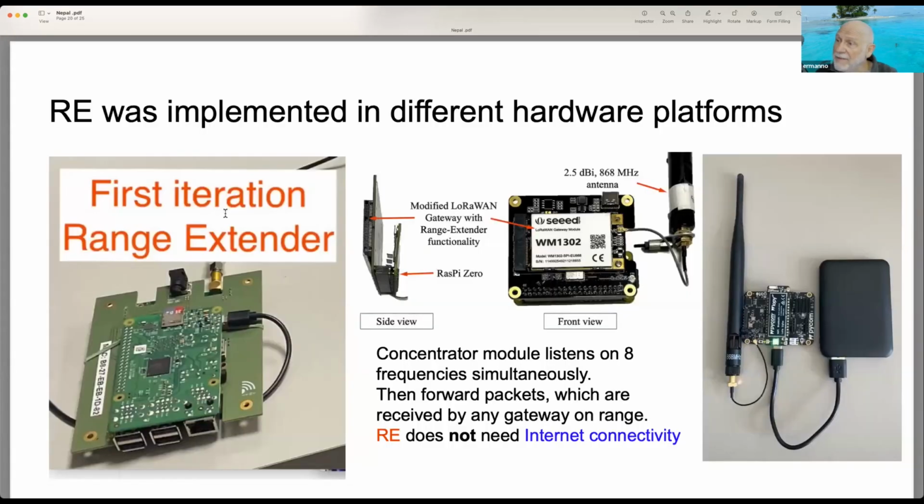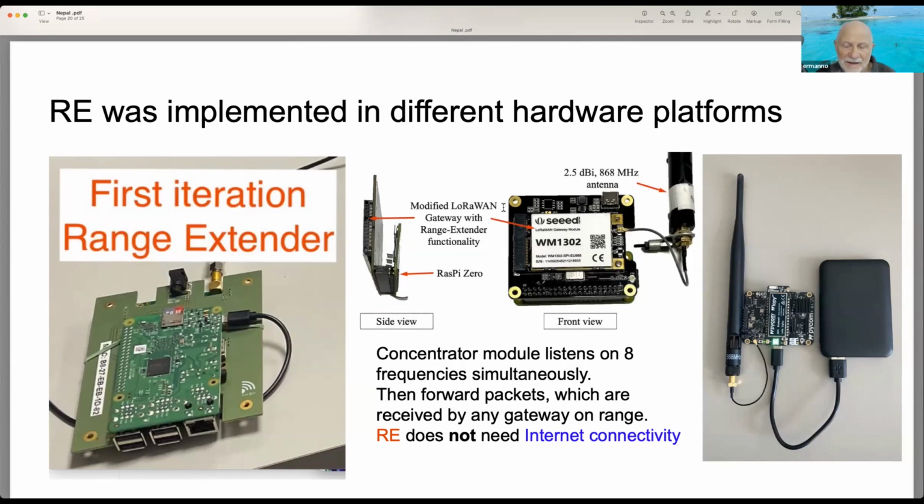So how do you implement this range extender? Well, we have tried different hardware platforms, and the first iteration used a Raspberry Pi, which is very well known, but is a little bulky. So we have another iteration that uses a concentrator called 1302 by Semtech, which is sold in this case by a company called Seeed, that is probably very well known.